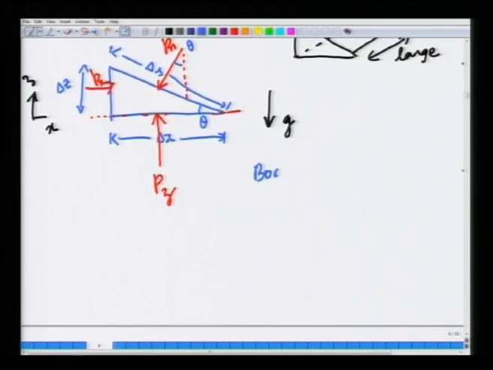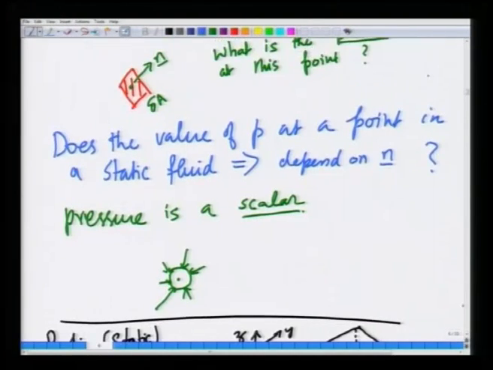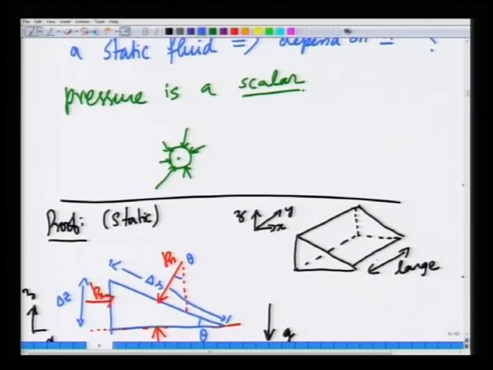The body force due to gravity is the mass times acceleration due to gravity. The body force acts only in the minus z direction. Remember, z is going up. So the body force in the negative z direction is equal to mass, which is rho times volume. The volume of this wedge is half times delta x delta z times the width b, which is very, very large.